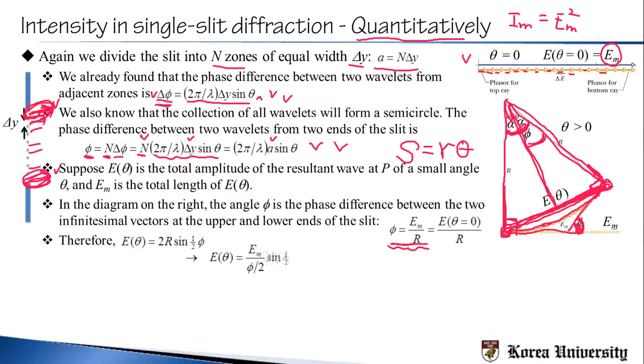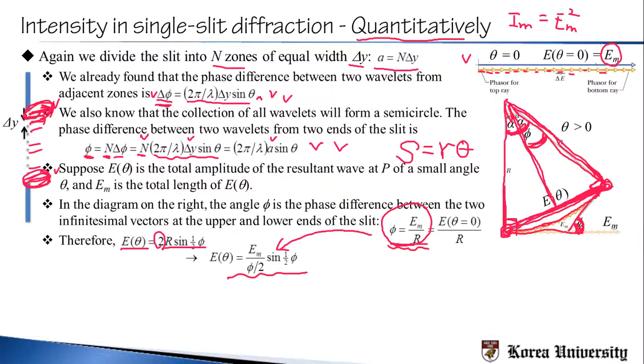So therefore, from here, we know that the amplitude at the angle theta is actually 2 times r, which is here, multiplied by sine of half of phi. Okay, so we can write it this way. And then here, let's use this and put it in here, and this is what you get. Right.